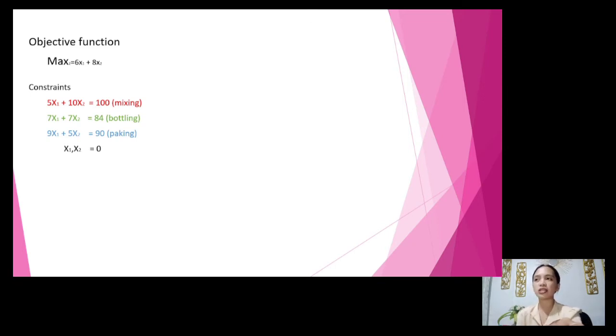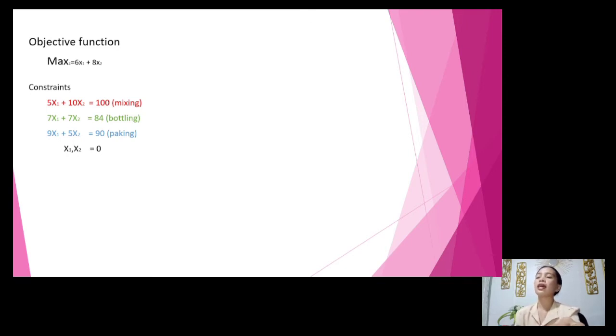So, our objective function here is max Z equals 6x sub 1 plus 8x sub 2. Then, next are the constraints. 5x sub 1 plus 10x sub 2 is less than or equal to 100 for the mixing process. 7x sub 1 plus 7x sub 2 is less than or equal to 84 for the bottling process.